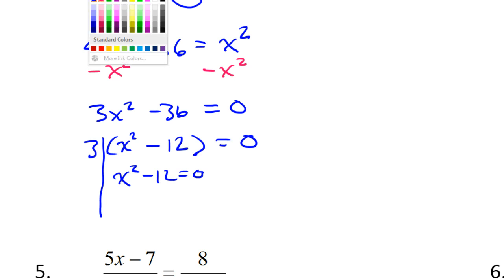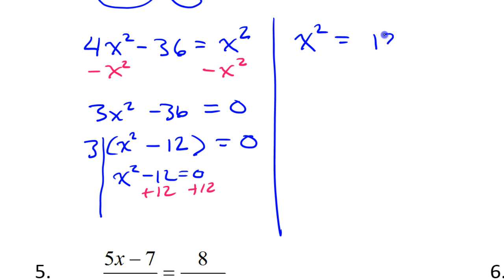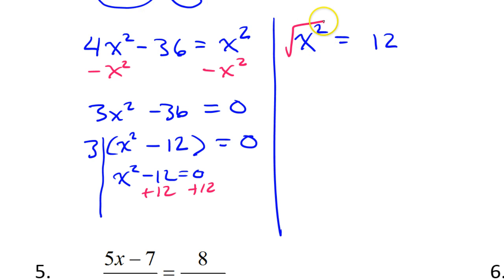Adding 12 to both sides, that gives me x squared is equal to 12. So I'll have to finish this by taking the square root of both sides. Now, when you take the square root of both sides of an equation, the solution could be positive or negative.